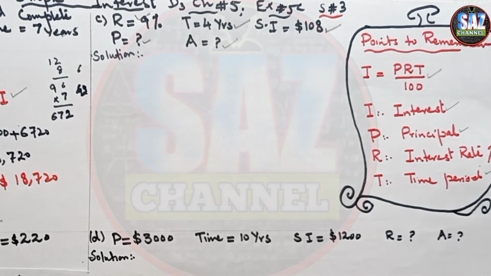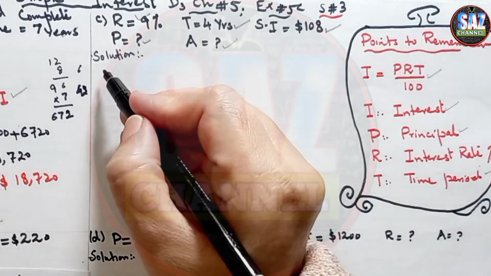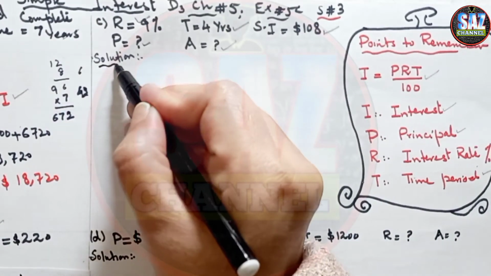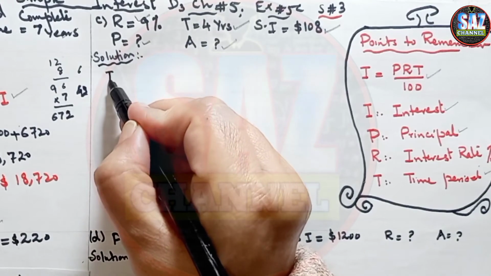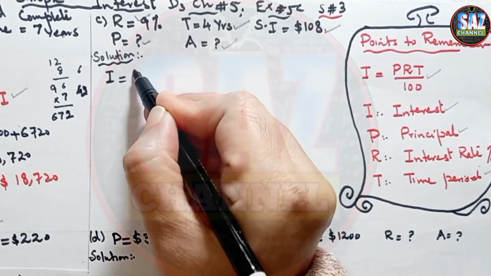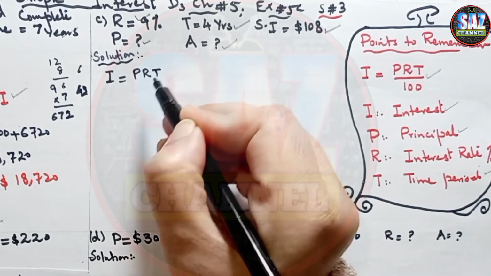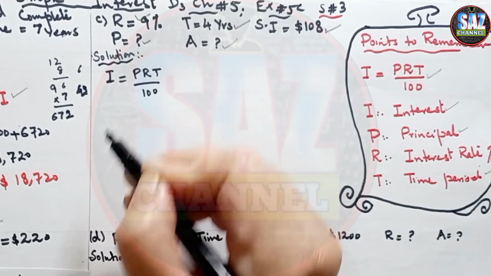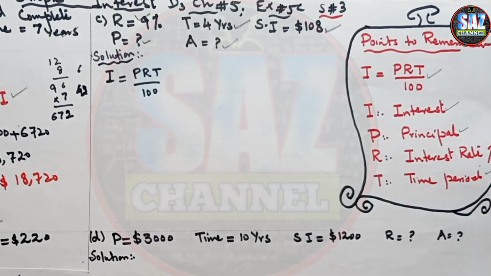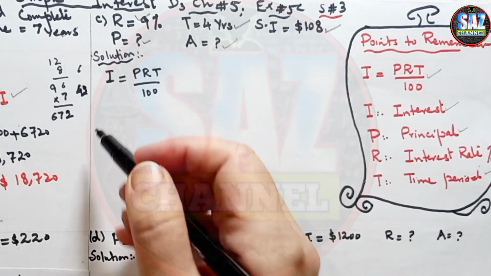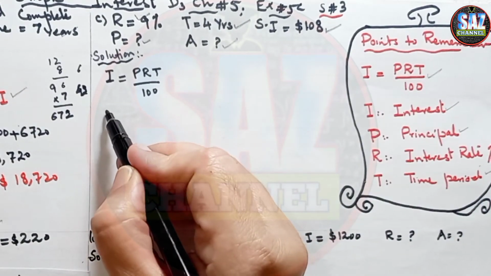Okay, so for the solution of the question, first of all we have to write the basic formula, that is I equals simple interest, PRT upon 100. Now if we look at the given information, the simple interest is given, that is 108.